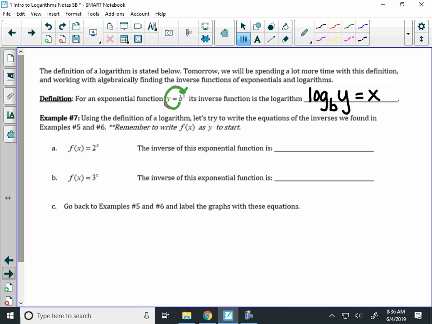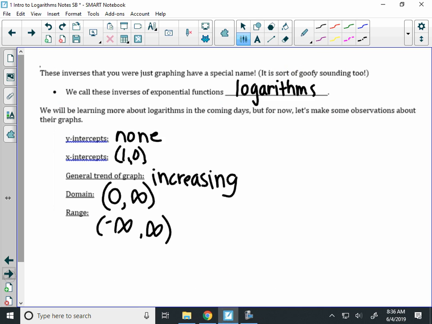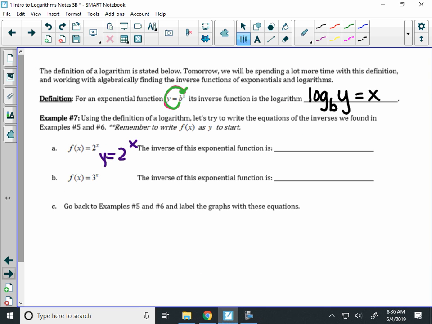Let's do a couple of these to start. We graphed f of x equals 2 to the x. That's the same as y equals 2 to the x. That was the first graph that we made at the very beginning of our notes. The inverse of this function, let's make our curly Q. We start with the base, which is 2.